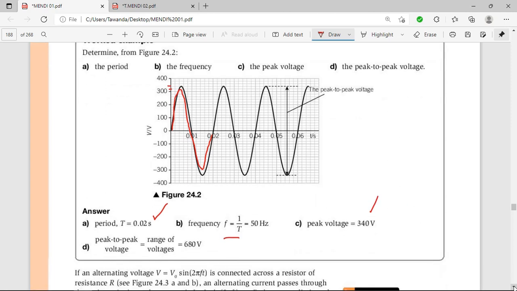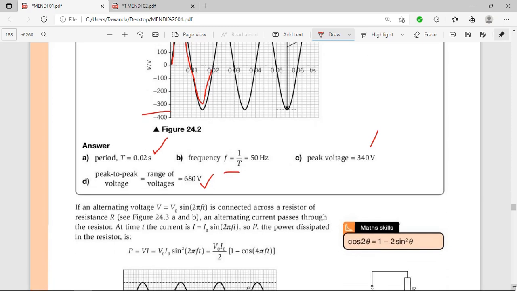Then the peak to peak range, that is from minus 340 to 340. So the peak to peak voltage is 340 plus 340, we're going to get 680 volts.